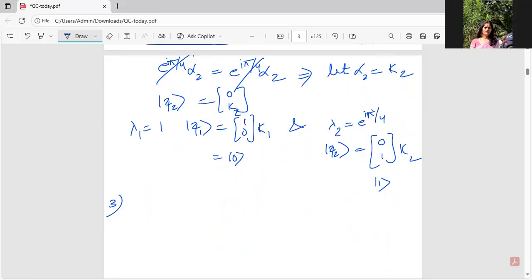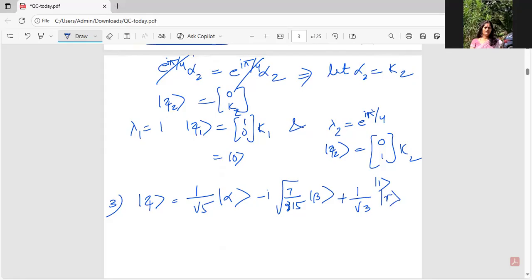Next one would be, suppose I have ket xi is equal to 1 by root 5 ket alpha minus I root 7 by 15 ket beta plus 1 by root 3 ket gamma.